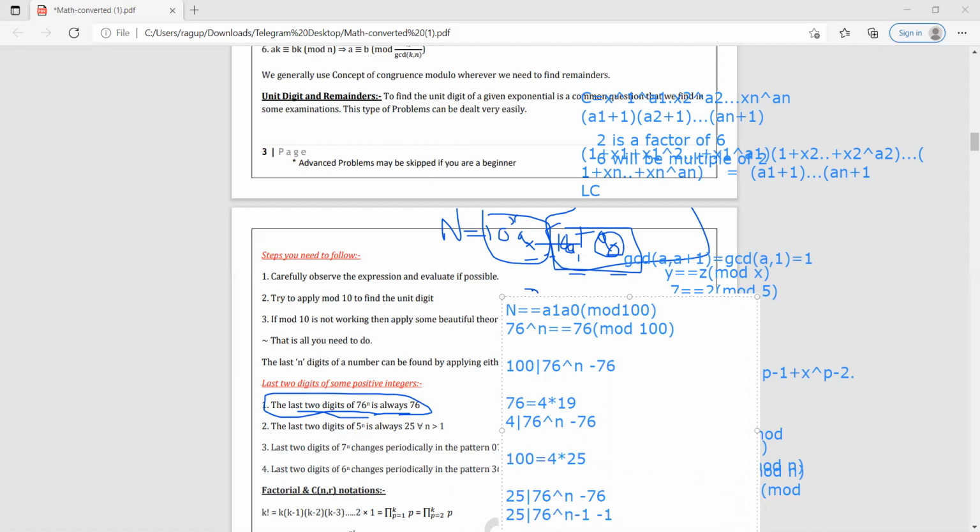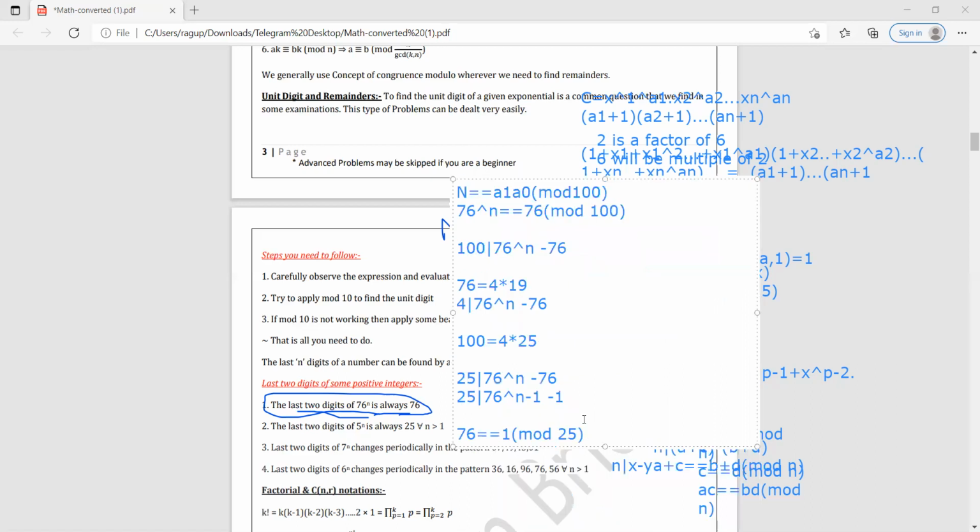because it is 25 into 3 plus 1. And now we had learned in the theorem that its power is also divisible. We can raise it. We'll use that property here. So 76 raised to n is congruent to 1 raised to n mod 25, and 1 raised to n is basically 1. So 1 mod 25.